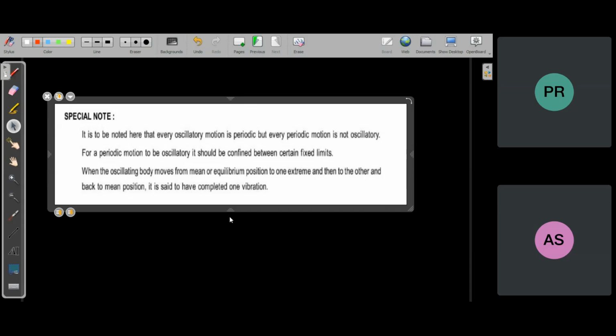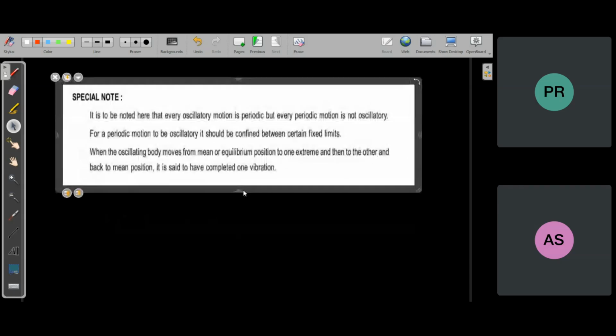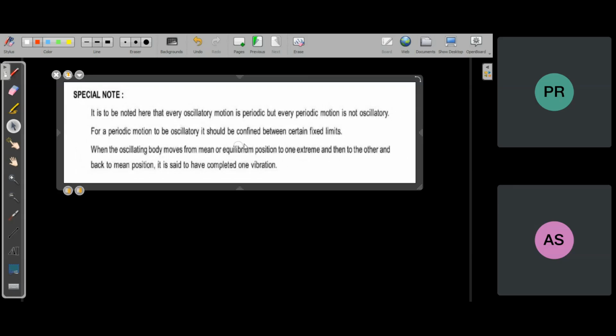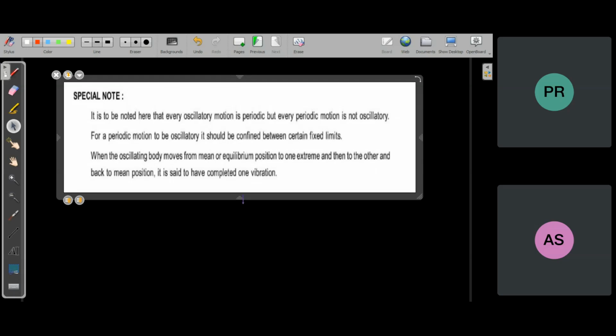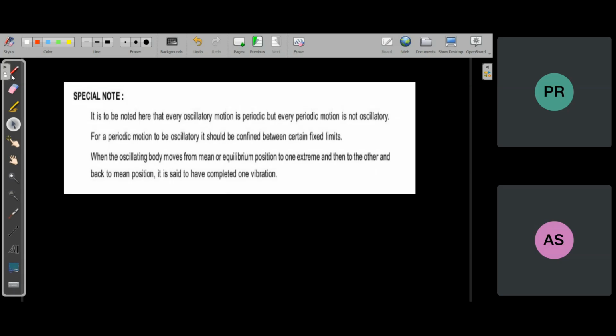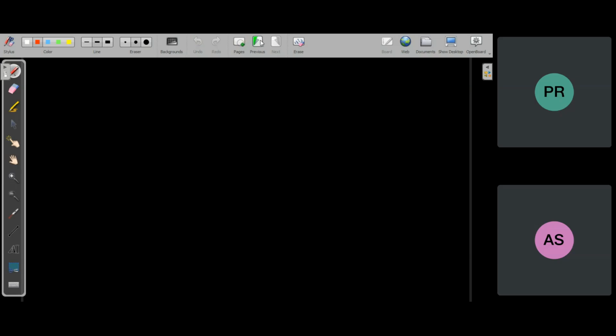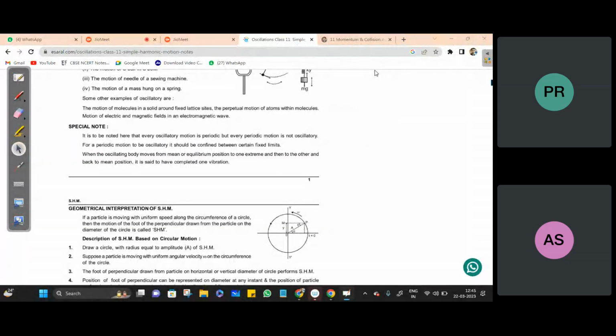For example, circular motion can also be periodic, but it is not oscillatory. Every oscillatory motion is periodic, every periodic motion is not oscillatory.